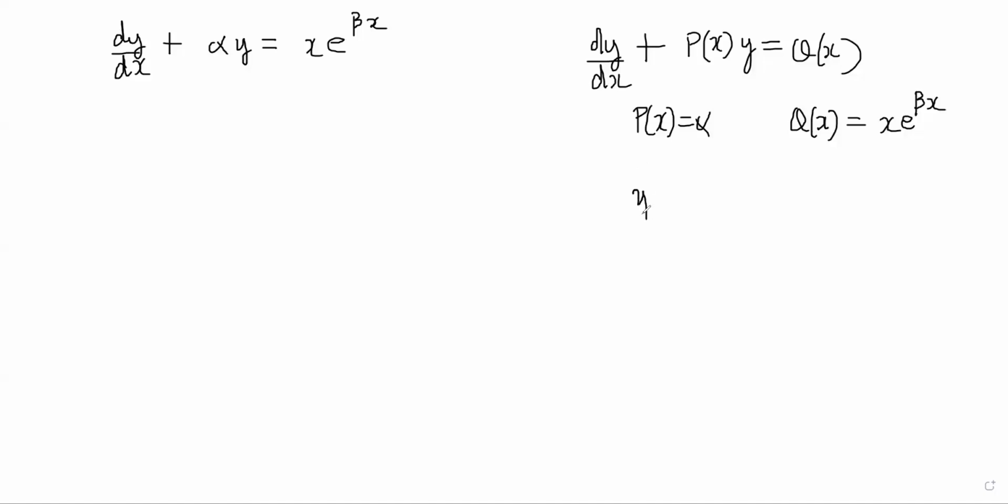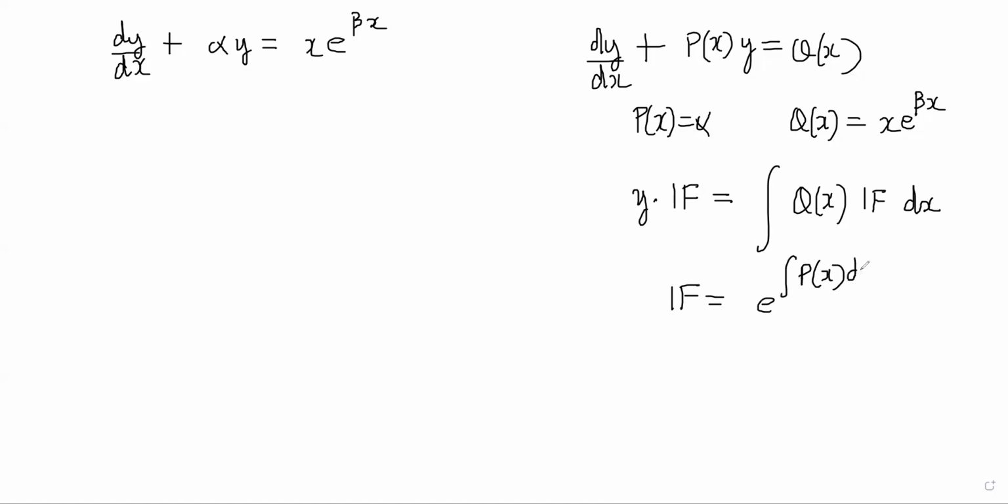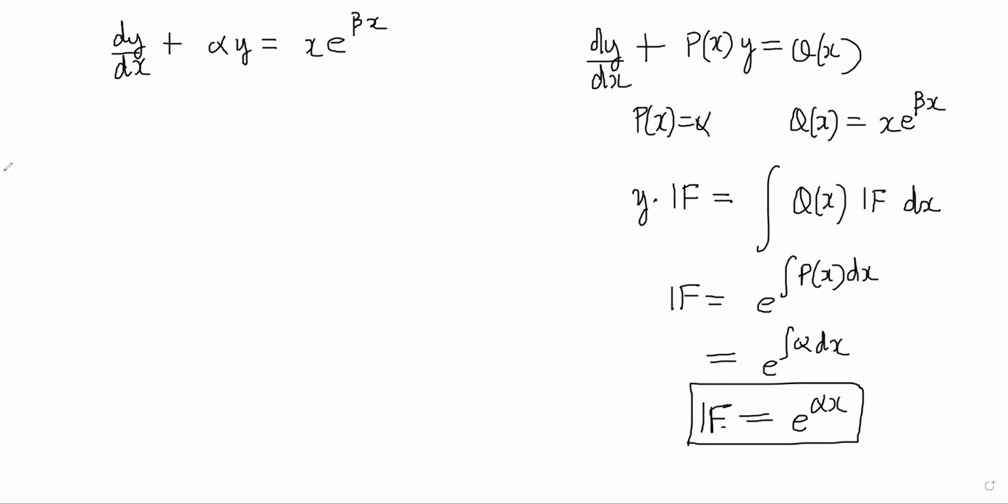The way to solve this equation is to use the integrating factor method. The integrating factor is e^(∫P(x)dx), so that will be e^(∫α dx), which is e^(αx). So this is my integrating factor.